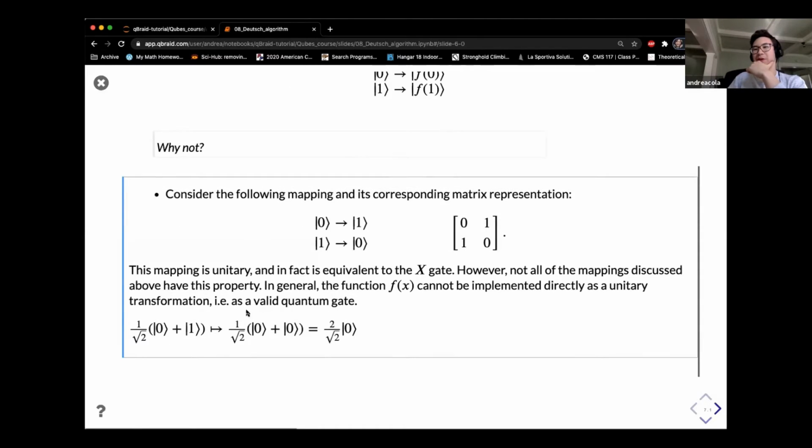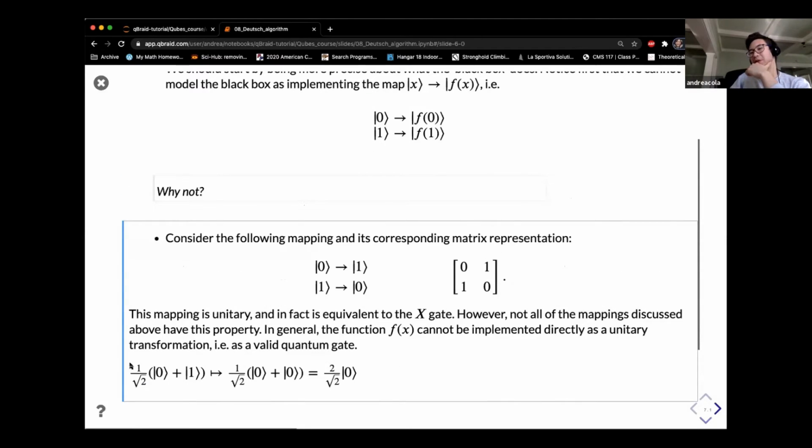But if it's constant, what happens is the following. This vector 1 over square root of 2, 0 plus 1, which has norm 1, would be mapped to the following: 1 over square root of 2, 0 plus 0. So far, so good. And this is equal to 2 over square root of 2, 0.